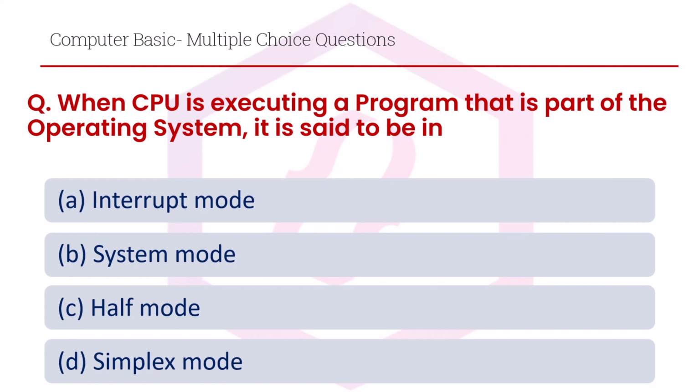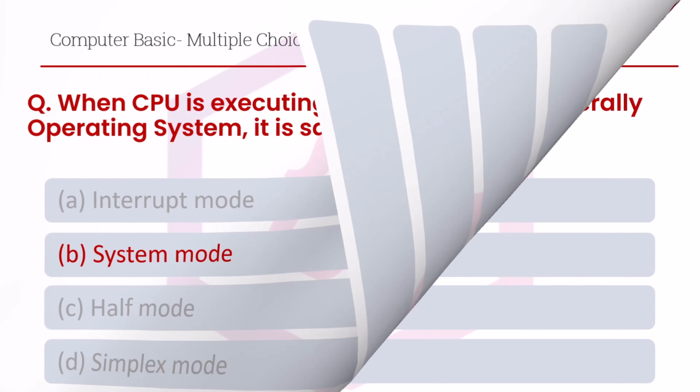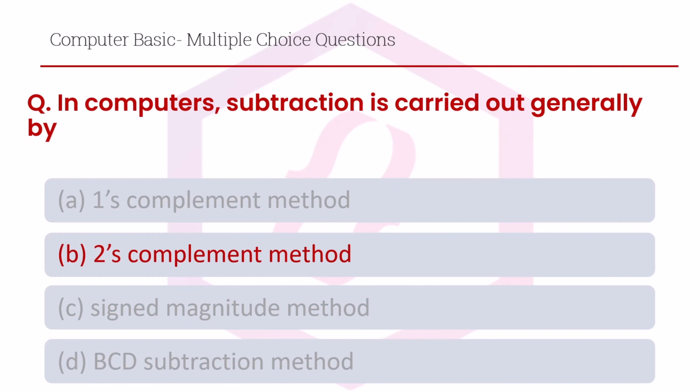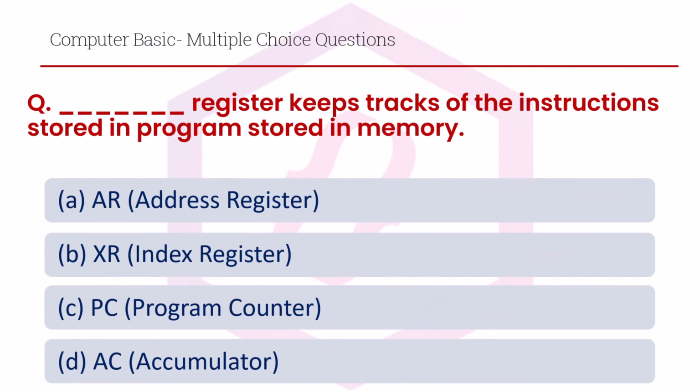And the correct answer is option B, system mode. In computers, subtraction is carried out generally by 1s complement method, 2s complement method, sign magnitude method, BCD subtraction method. And the correct answer is B, 2s complement method.